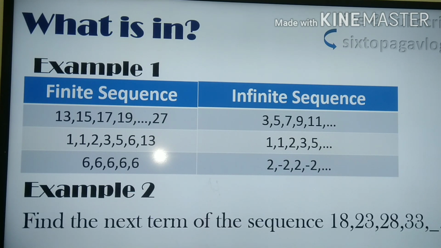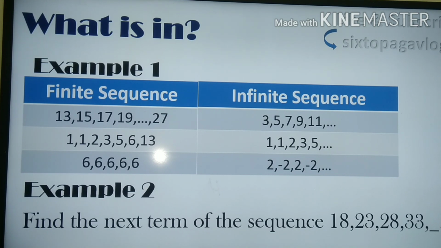Example number 2. Okay, so here is the example. So find the next term of the sequence 18, 23, 28, 33, and blank. Okay, so unang titingnan nyo, what is the pattern? Okay, starting from the first element, 18. The next is 23. So 18 plus how many?